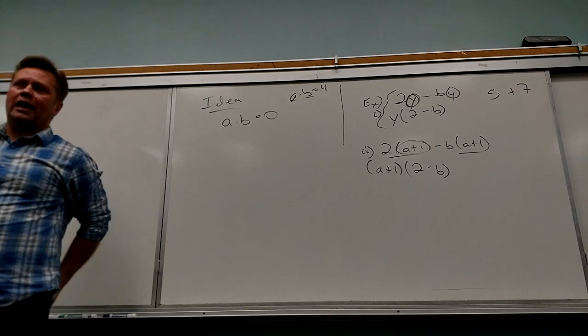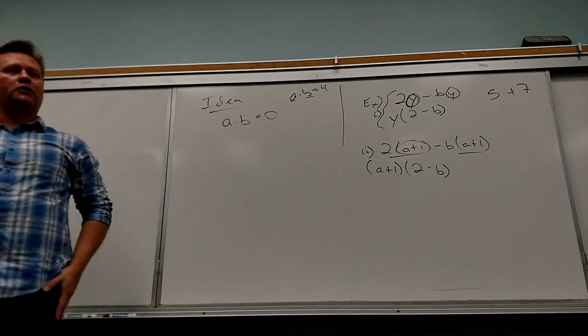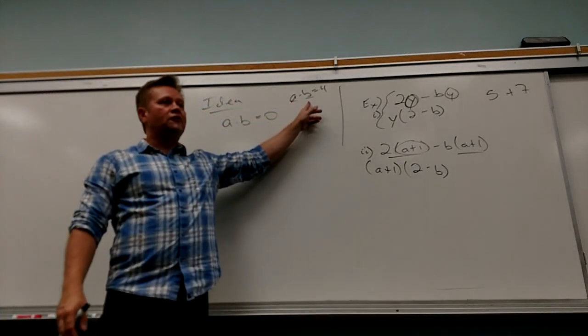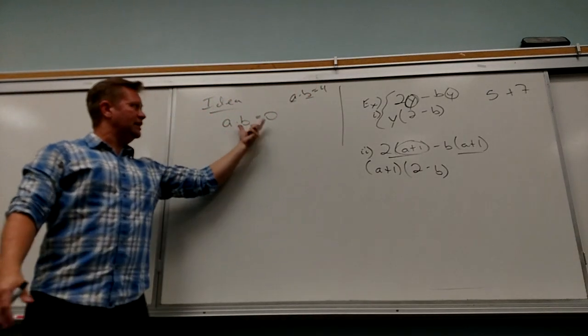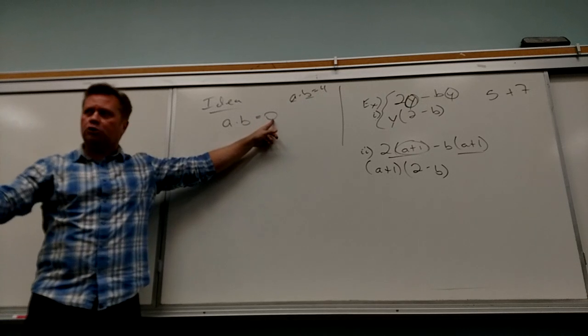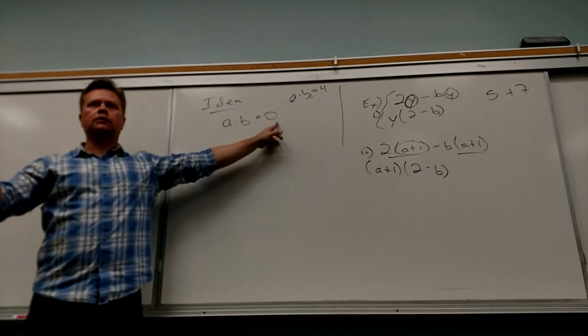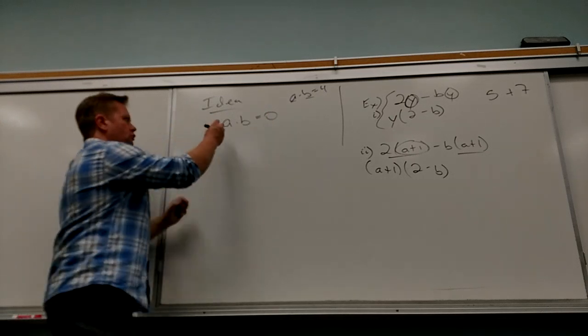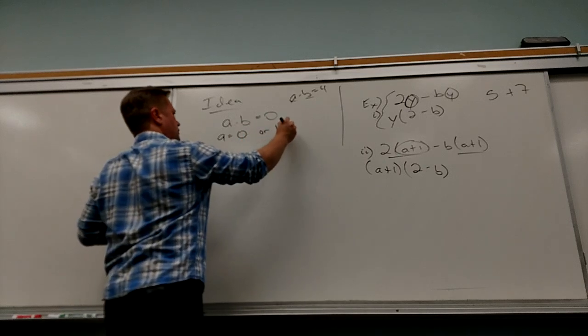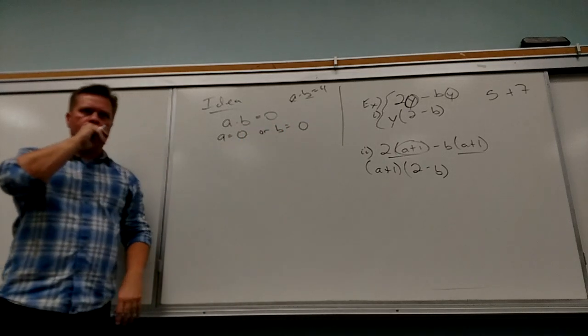What about 8 and 1/2? What about 40 and 1/10? How many answers are there to this? Infinite number. But the only number I could put here and actually know something for sure is 0. Because what's got to be true then? Either a is 0 or b is 0.